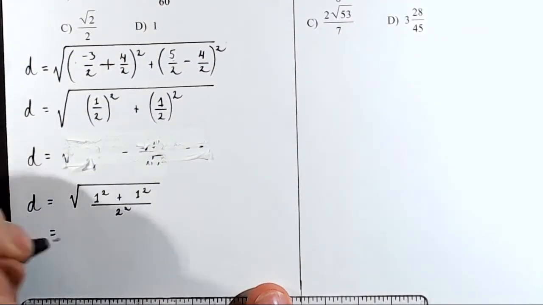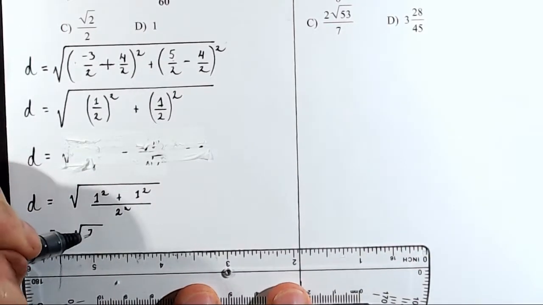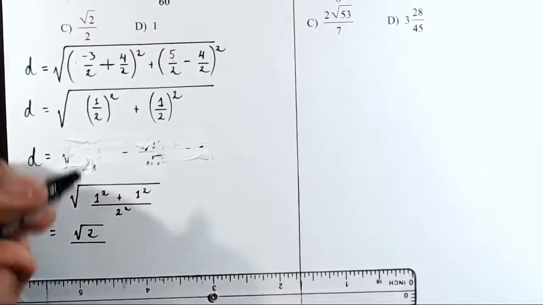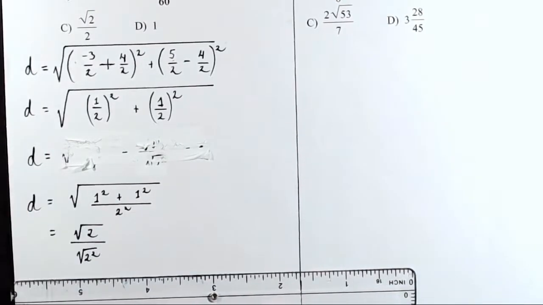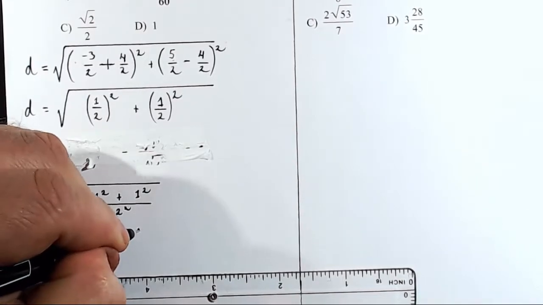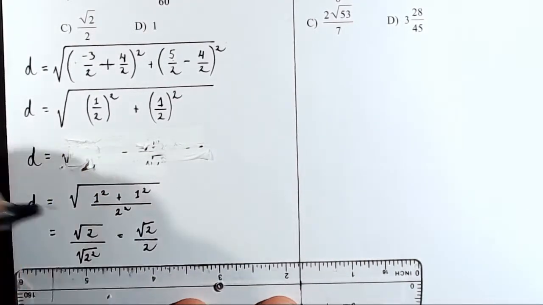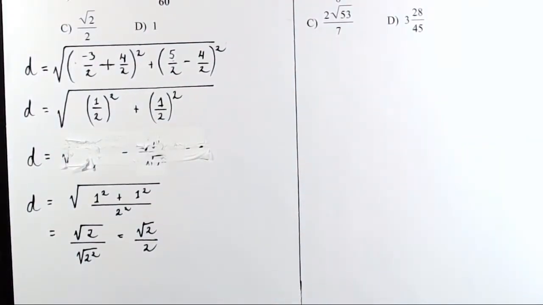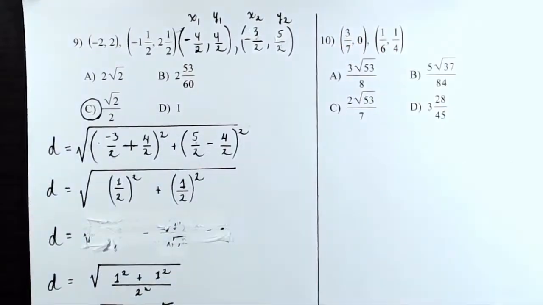This is going to be equal to the square root of 2 over the square root of 2 squared, which is just the square root of 2 over 2. Okay. That was number 9.